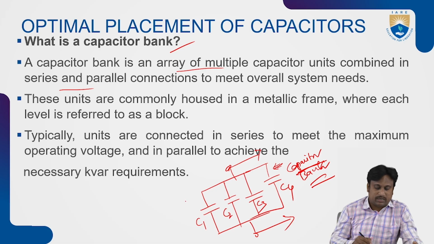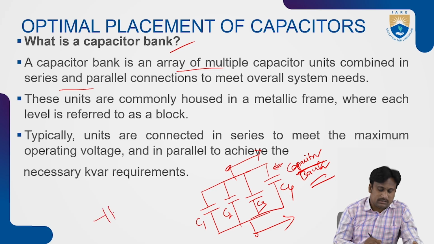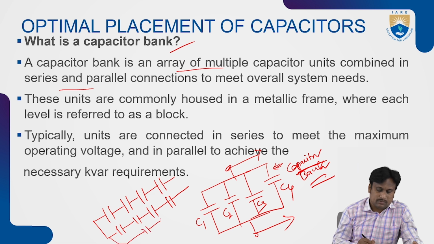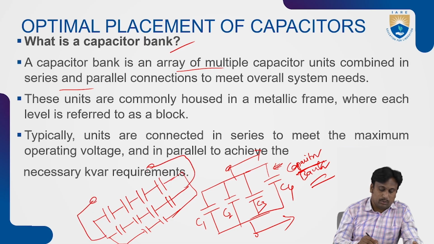We may connect not only in parallel, we also connect in series. A series connected combination may also serve as one of the capacitor banks, connected to the whole system.